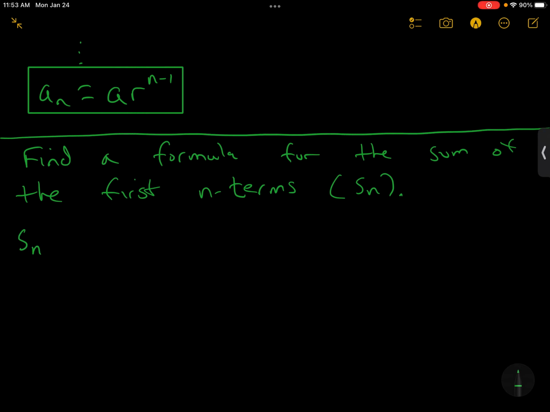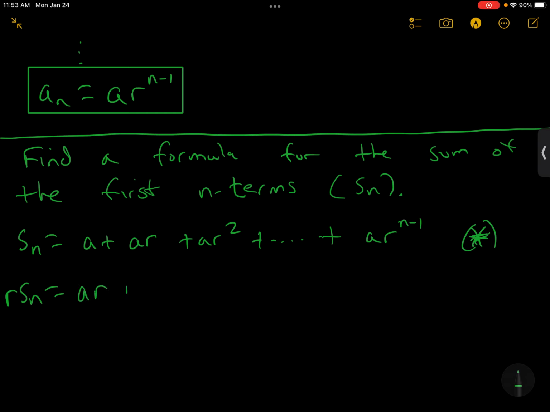So Sn is going to be the first term plus the second term plus the third term plus all the way down to the last term. All right, we're trying to get a formula for Sn. So here's the trick. We're going to multiply this line by r. And I get Ar plus Ar squared plus Ar cubed plus Ar to the n.